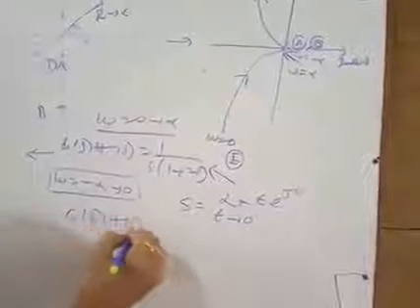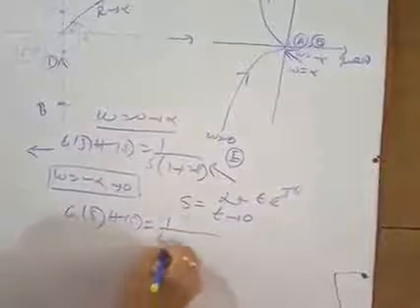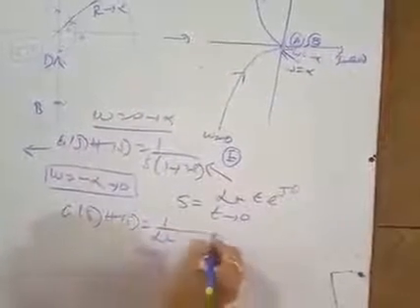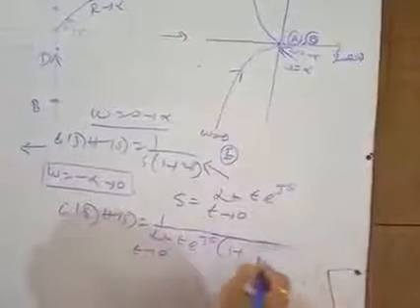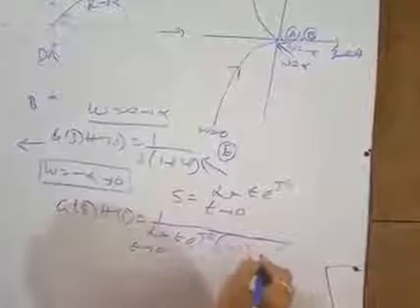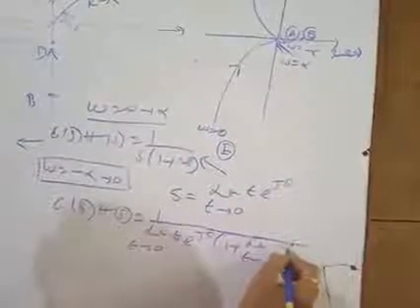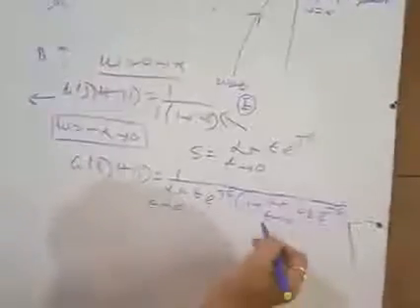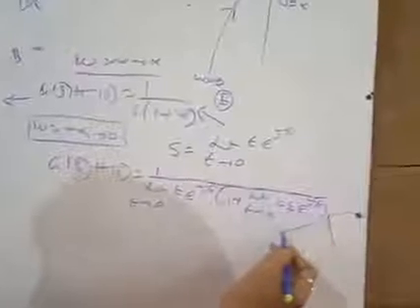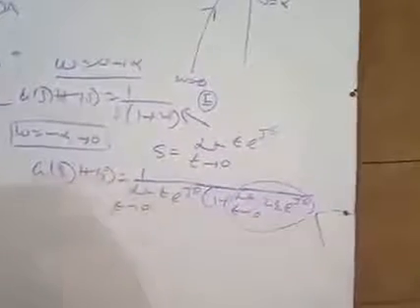Now put this value here. What will you get? GS HS will be equal to 1 by limit epsilon tends to 0 of epsilon e to the power j theta, times 1 plus limit epsilon tends to 0 of epsilon e to the power j theta. When you put the limit epsilon tends to 0, this part will always be equal to 0.